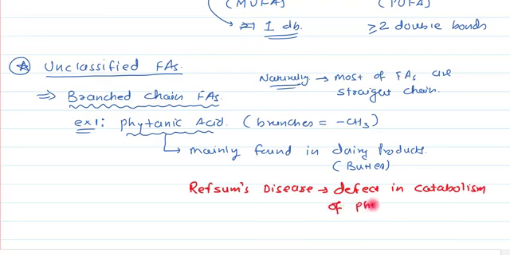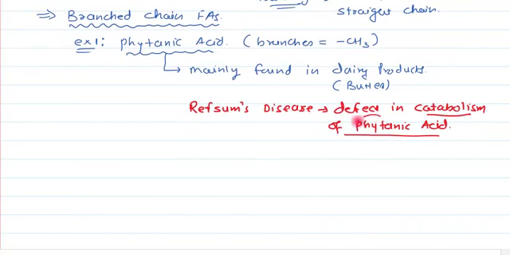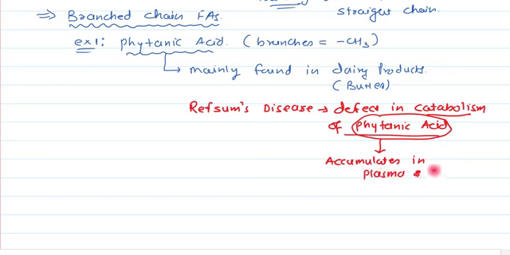So if there is a defect in the catabolism of phytanic acid, phytanic acid will start to accumulate in plasma as well as various tissues. The more biochemical aspects of Refsum's disease will be covered under lipid metabolism. Right now just remember that Refsum's disease is because of the defect in catabolism of phytanic acid, so phytanic acid accumulates in plasma and tissue.